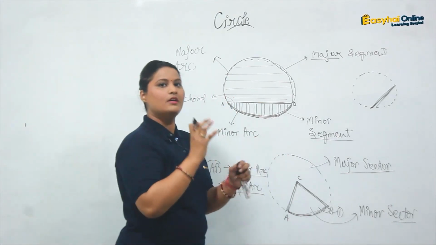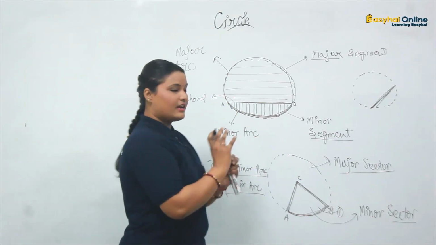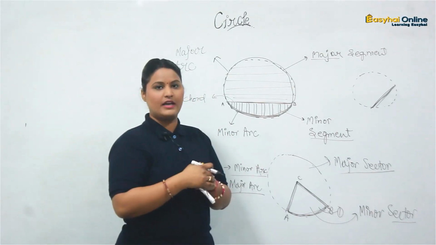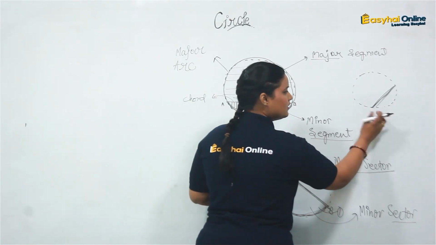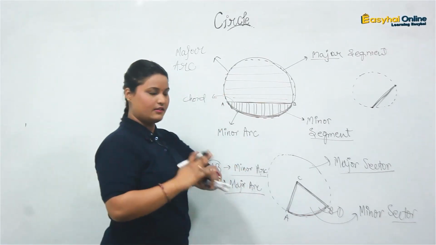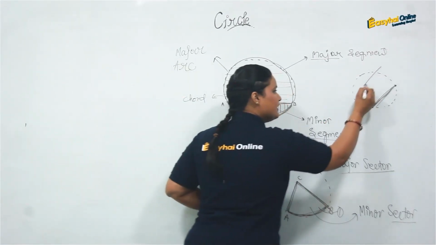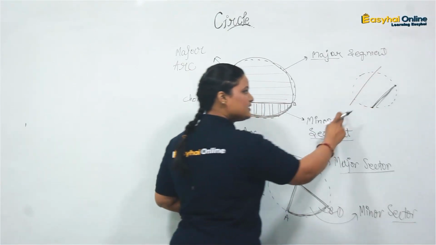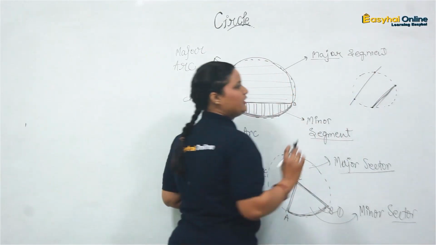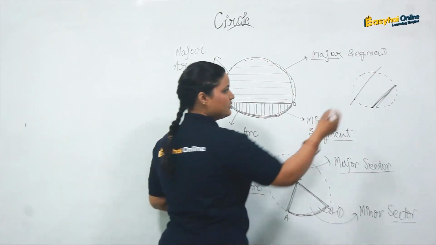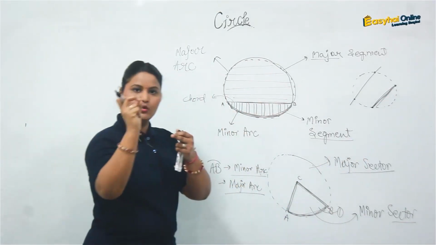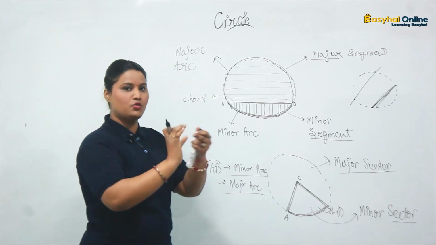That is why I told you the terms inside and outside, because there are some confusing terms that are similar to this. This is a chord when it joins two points inside the circle. If there is a line which passes through the circle and cuts the circle at two different points, this line is known as a secant, S-E-C-A-N-T. And this is your chord, which is just connecting two points.